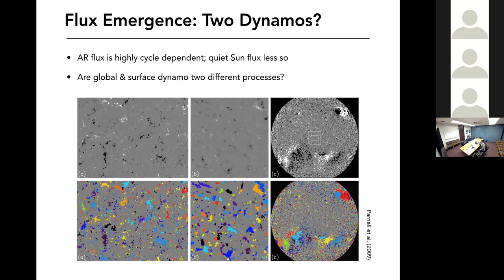Okay. So what you can do is segment these longitudinal fields into different patches and mark them, track them over the course of hours and days, and see how long they live and how fast they appear and reappear, and you count them. So what you find is that these smaller scale fields turn over much faster, and come up in much greater amount than active regions.